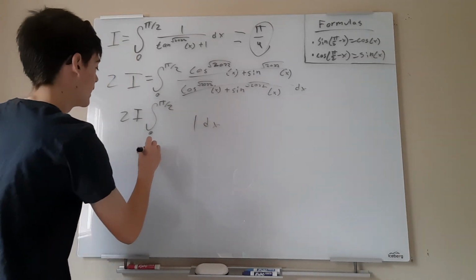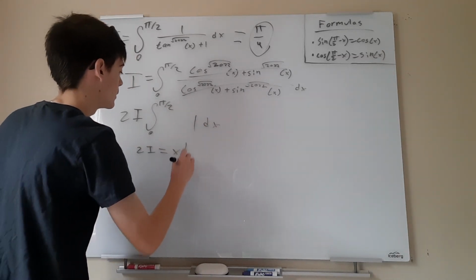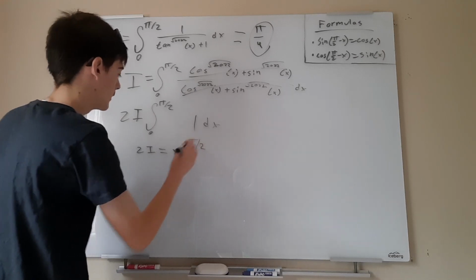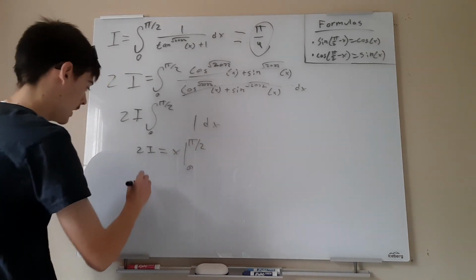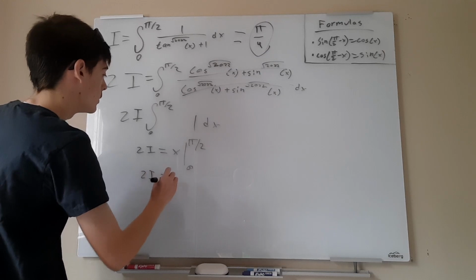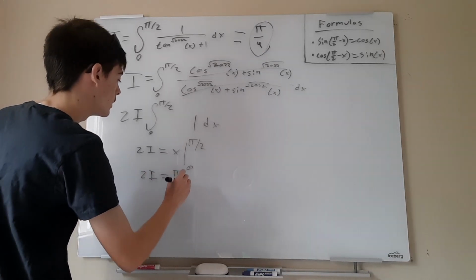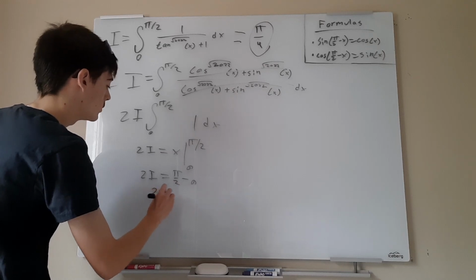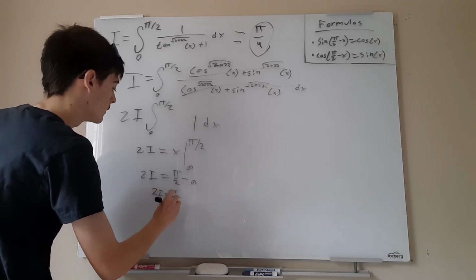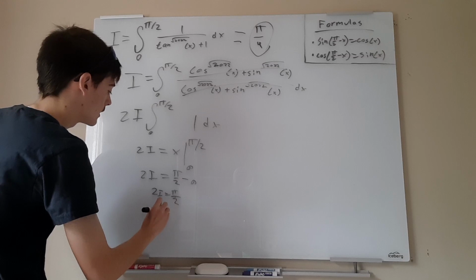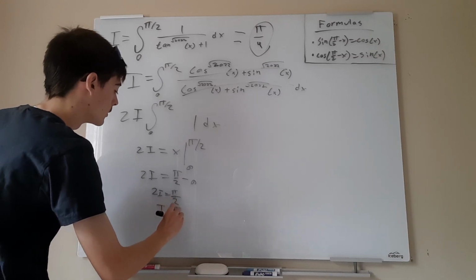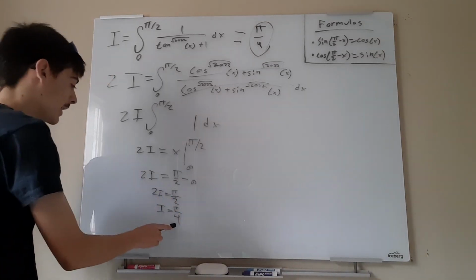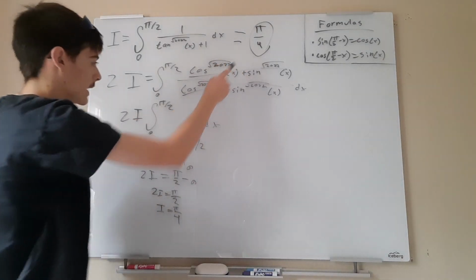That means 2I equals x evaluated at pi over 2 and 0. And so 2I equals pi over 2 minus 0. And so 2I equals pi over 2. And that means I equals pi over 4. And that is how we get pi over 4 in a 1-second answer.